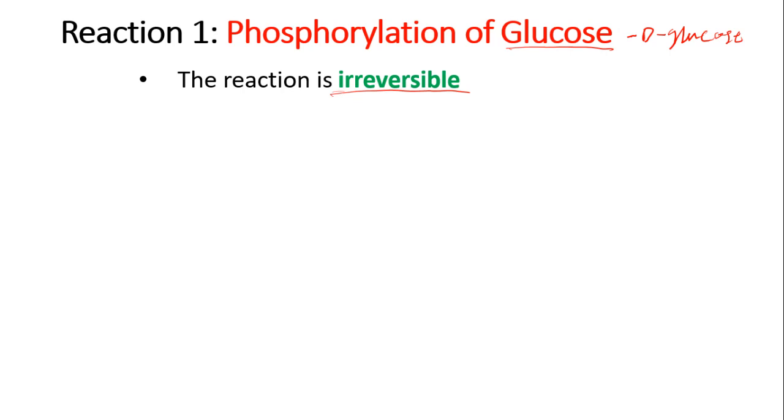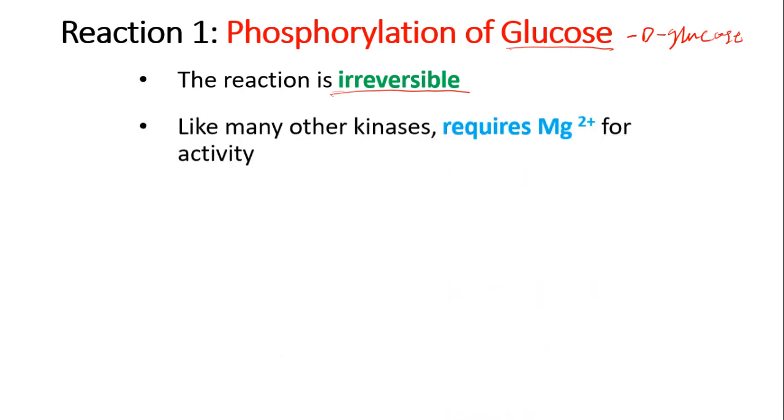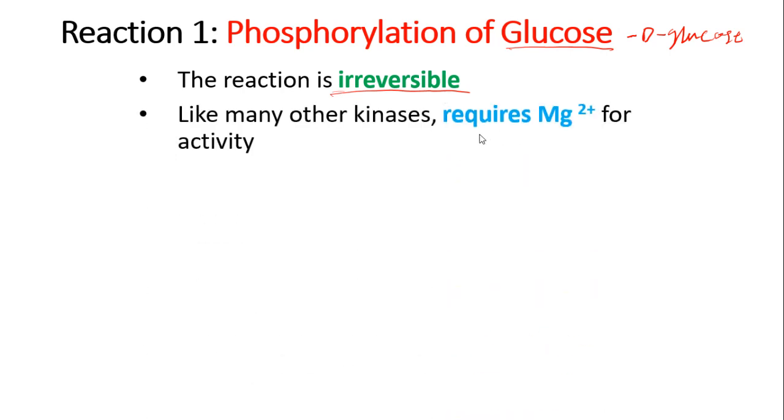An enzyme is needed, which is known as hexokinase. So an enzyme called hexokinase is needed, but there is also an ion which is needed, and this ion is just the magnesium. So this reaction needs what? Magnesium 2+.